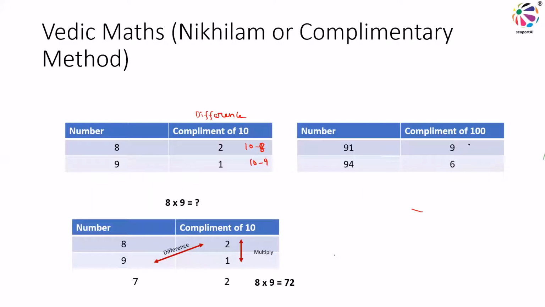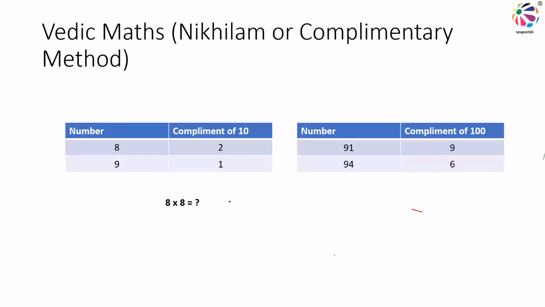This is 100 minus 91, 100 minus 94. Clear? Any doubts? Is everyone clear on this example? Yes, sir. Okay.